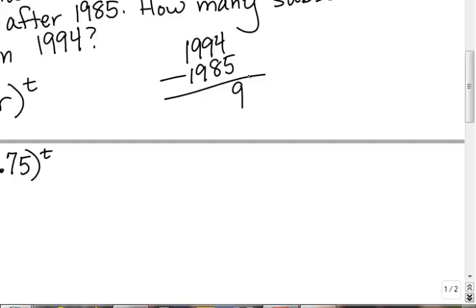Okay, so if it goes from 285 and every year increases by 75%, 9 years later it grew from 285 subscribers to 43,871. And you have to ignore the point. You're not going to have a fractional part of a subscriber.